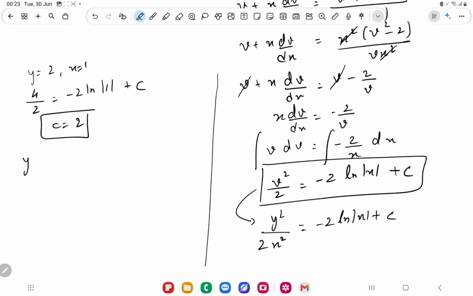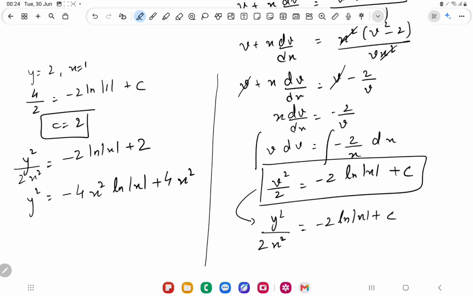So I can write my answer as y square over 2x square as minus 2 ln modulus x plus c, but here I can replace c as 2. I can simplify and write my answer as minus 4x square ln mod x plus 4x square.